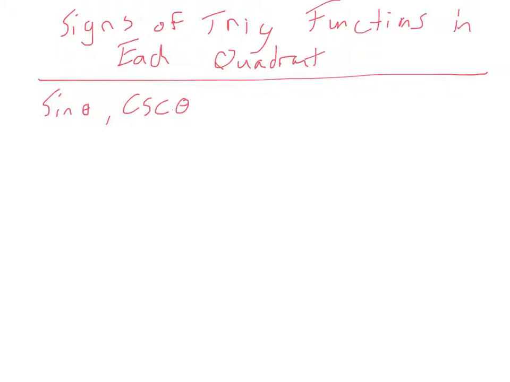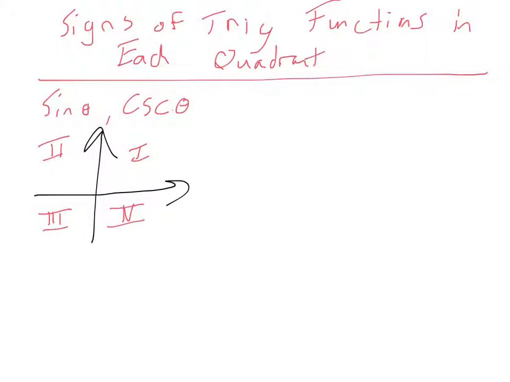So let's just go ahead and I'll make my thing. First quadrant, second quadrant, third quadrant, and the fourth quadrant. So sine theta is just y. Cosecant theta is 1 over y, so the sign will be the same based on the y-coordinate. What's the sign in the first quadrant? Positive. Then it's for y?